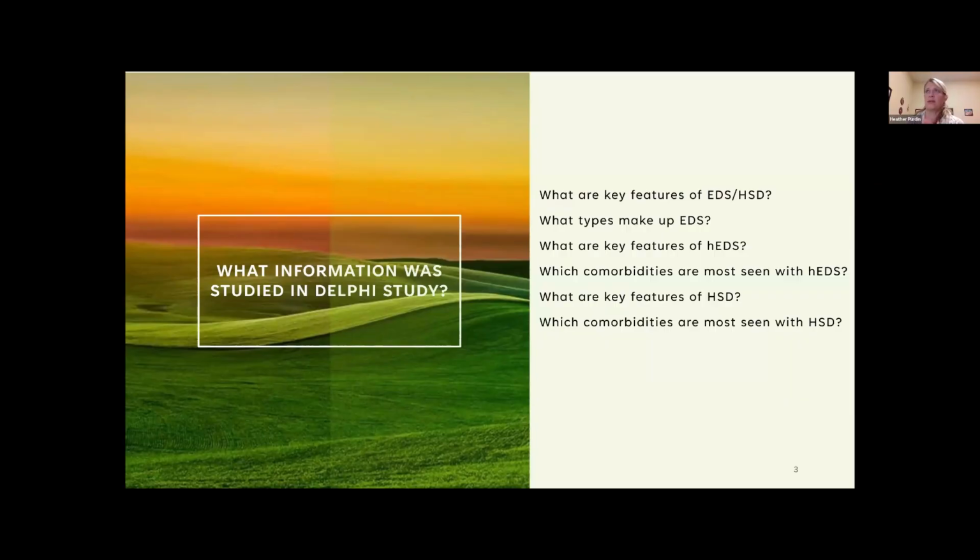And what types make up EDS? And then are there key features of hypermobile type EDS? And then certain comorbidities that are most seen with hypermobile EDS? And then what are the key features of hypermobility spectrum disorder and the comorbidities associated with hypermobility spectrum disorder, HSD?